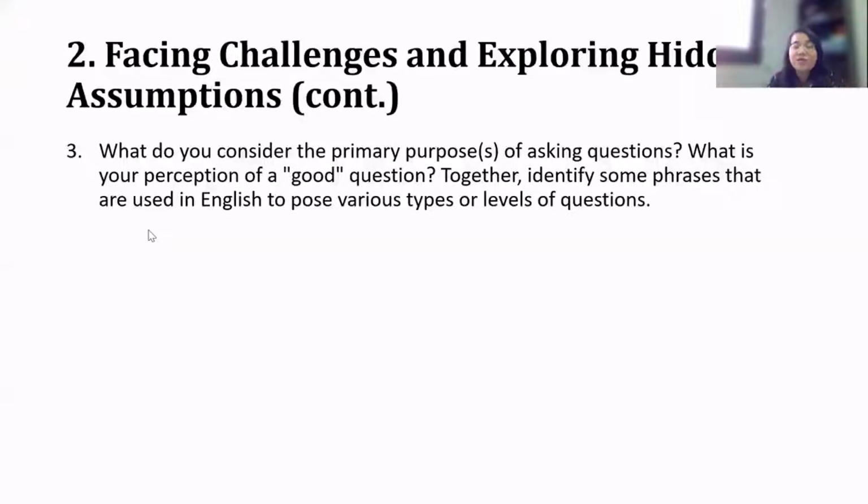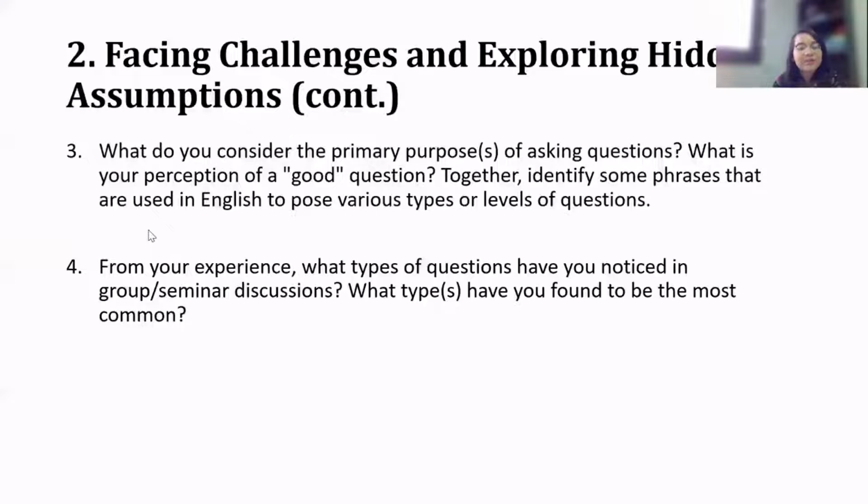Is any question good, or is there any certain criteria that make a question good or better than other questions? And if you still remember what we discussed in lecture 3, what phrases can we use to pose questions having different purposes? So questions are not just questions. They have different types. They have different purposes. And for different purposes and different types, we have different phrases we use.